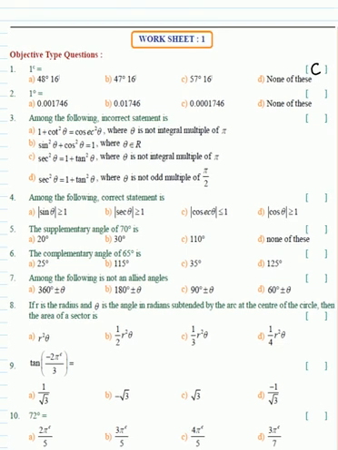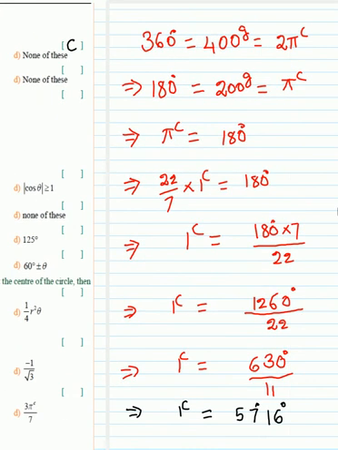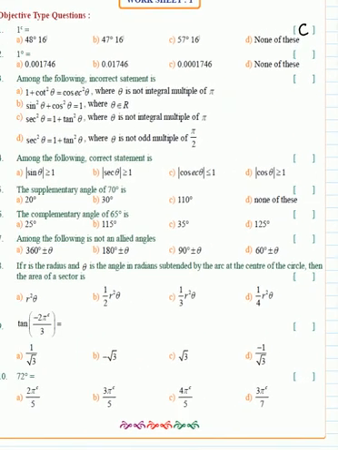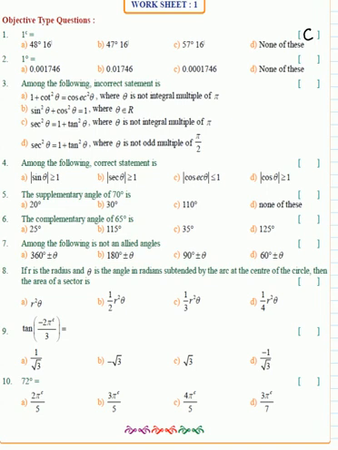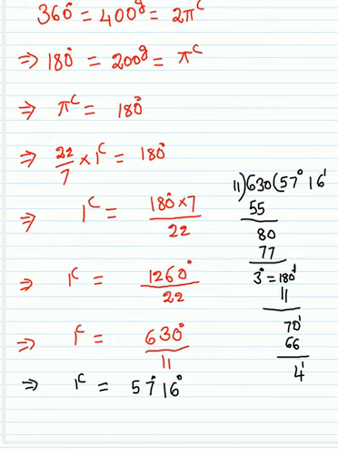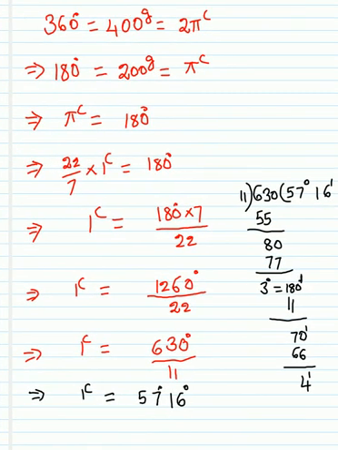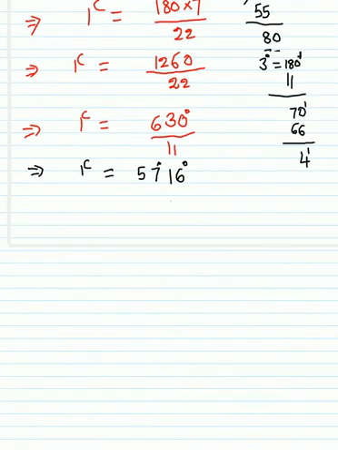Now let us solve the next problem. 1 degree is equal to how many radians? Now let us solve the same one here. If you observe, 180 degrees is equal to pi radians.